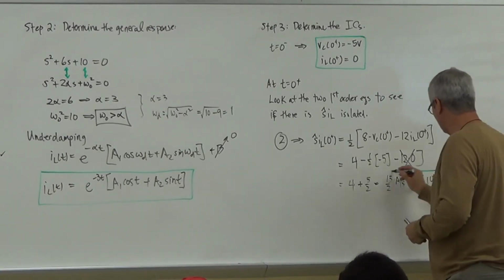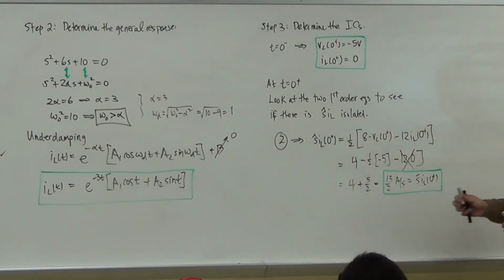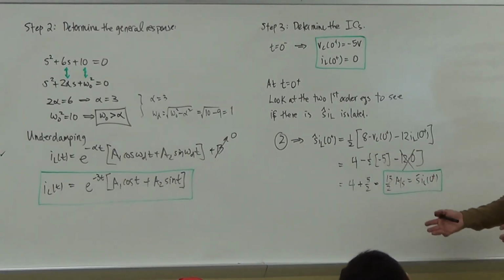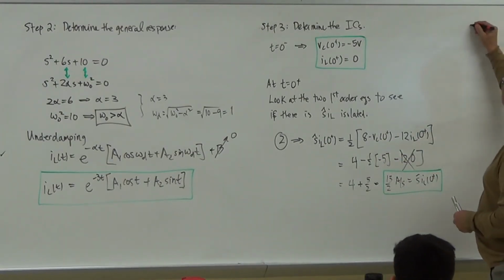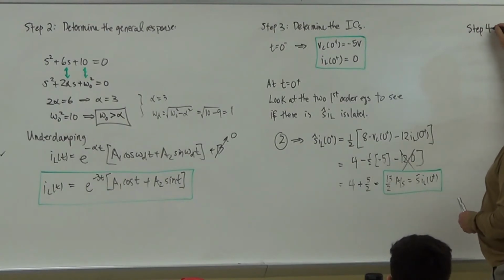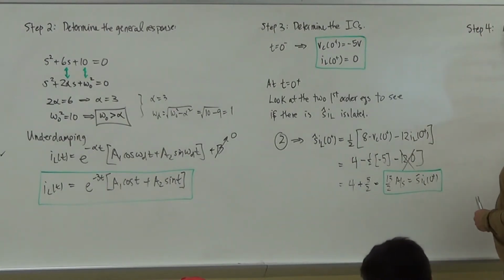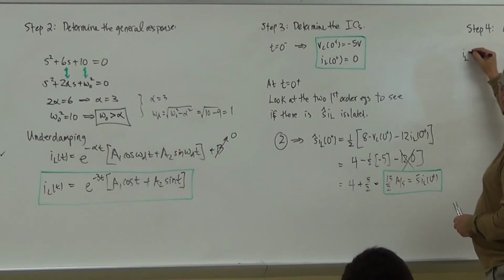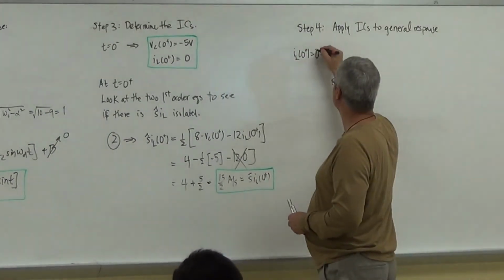So if that's the case, I now apply these initial conditions to the general response. So now I'm at step 4. So now I apply ICs to general response. So here I go. I have IL of 0 plus equal to 0.